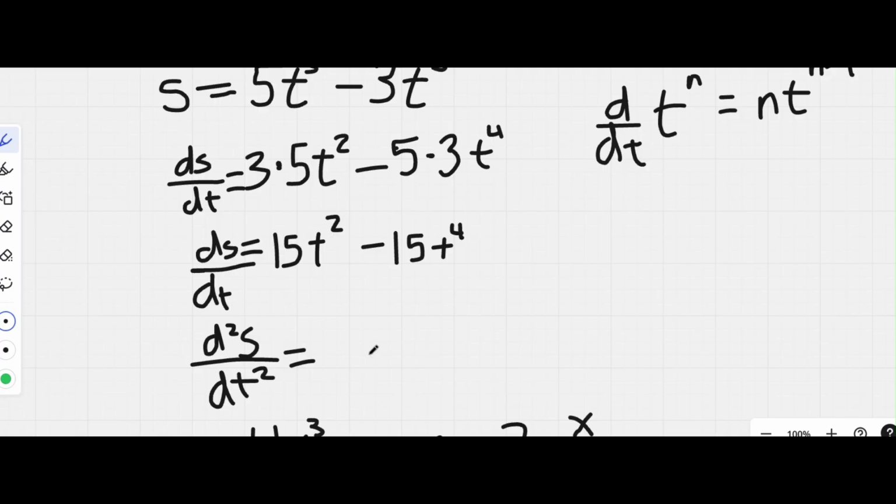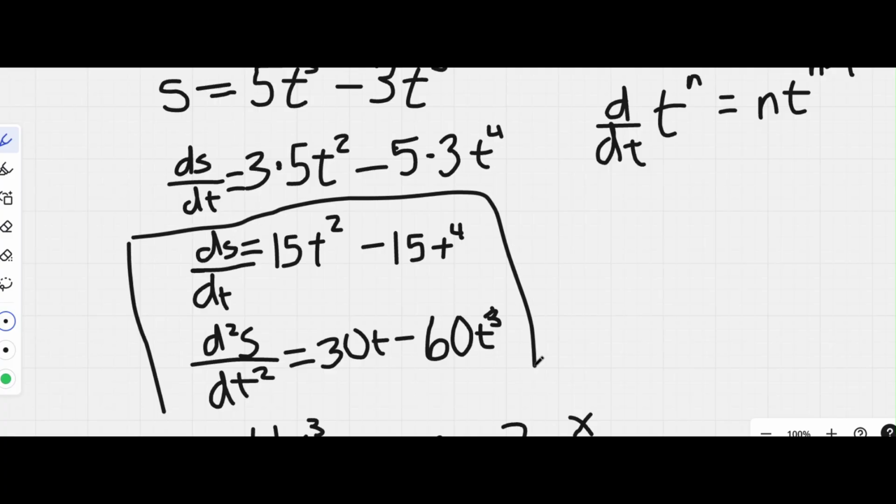So it's going to be 2 times 15, which is 30t, minus 60t to the third power. Great job, everyone. So this is our first and second derivative.